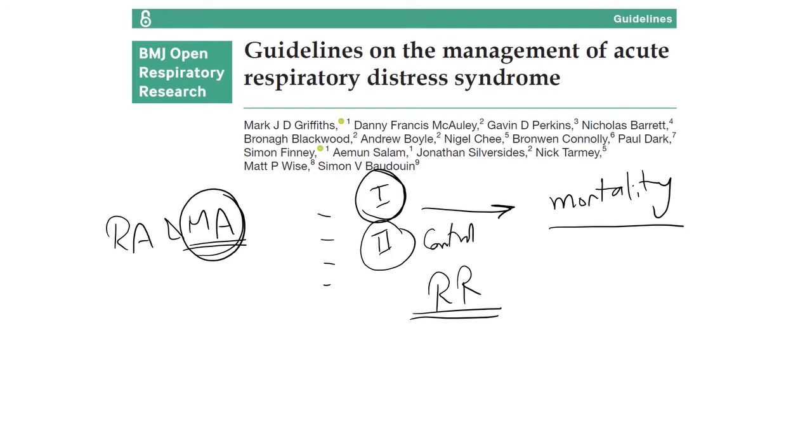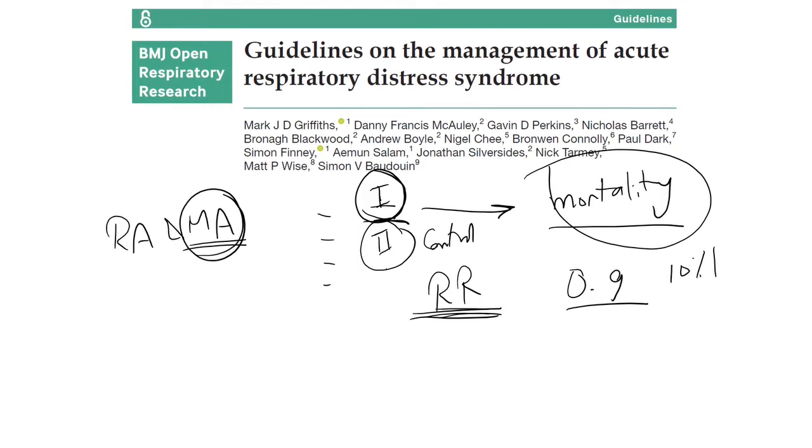So you have the relative risk of using intervention 1 compared to intervention 2 in determining the outcome, which is mortality. If this relative risk, for example, is 0.9, this indicates that the use of intervention 1 was associated with a 10% decrease in the outcome, which here could be mortality or other outcomes.